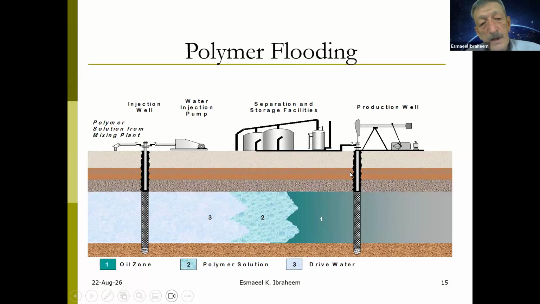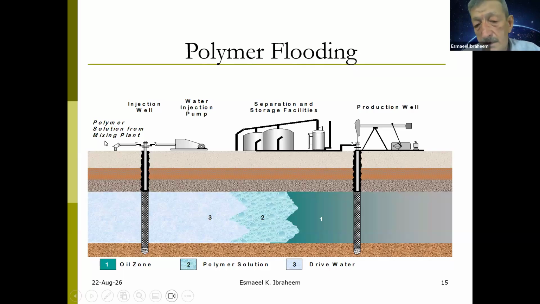Polymer flooding is also a project that requires some equipment. This is the basic of any polymer flooding project. The difference is that they have the same things, but they have a polymer solution from a mixing plant.